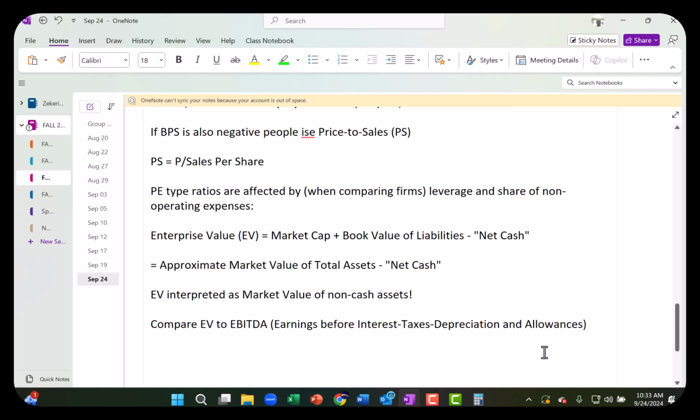I want to take the interest out because interest is typically a consequence of leverage. So if firms have leverage differentials, I want to take the effect of that out from the earnings. I don't want to look at the taxes either. Why? Firms have different accounting practices. Some firms pay their taxes on time.